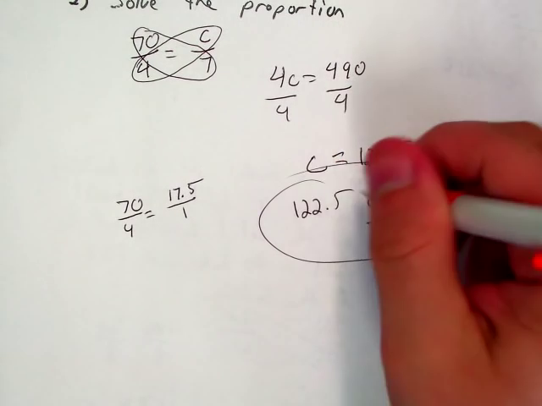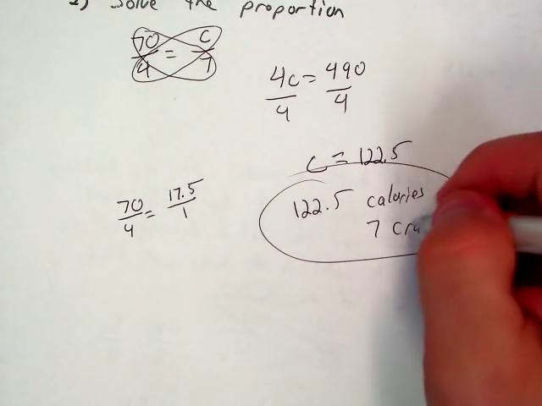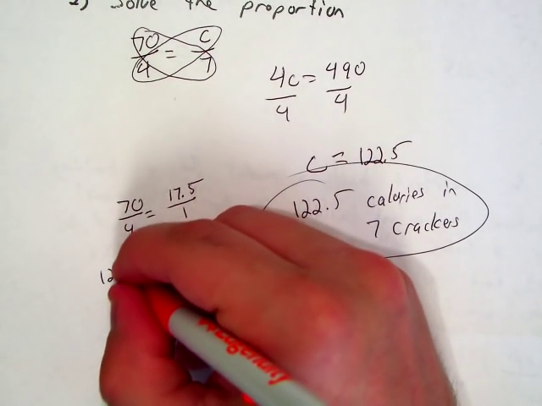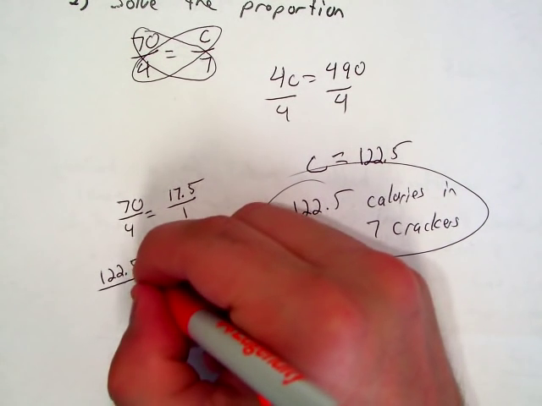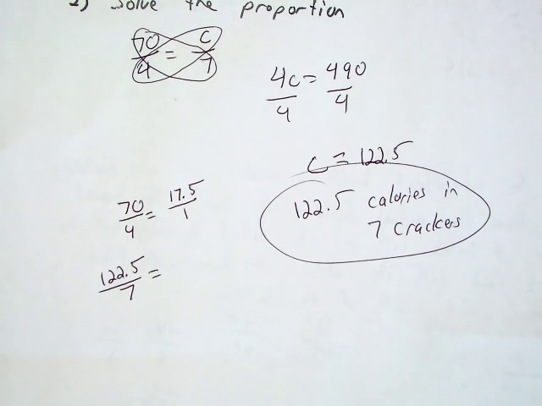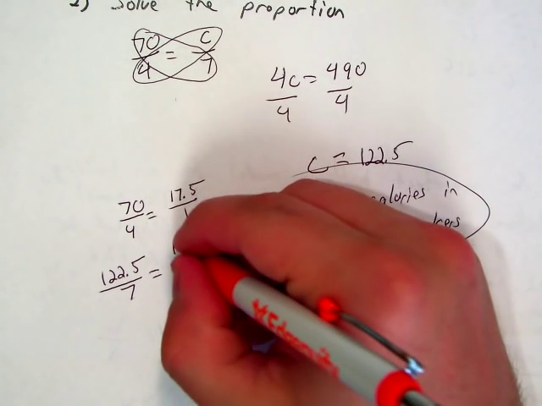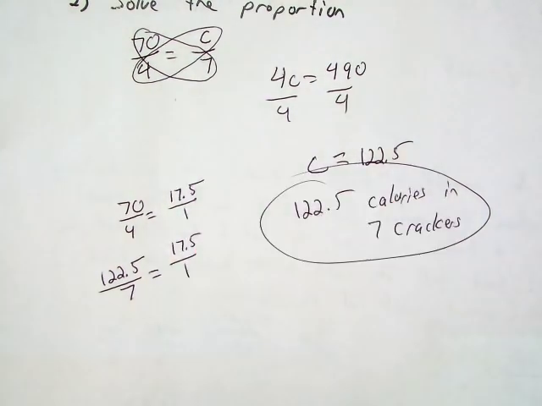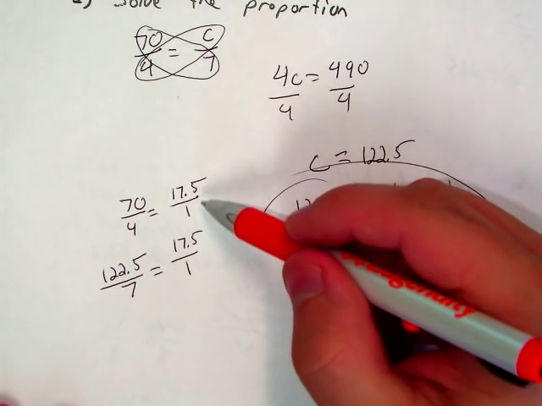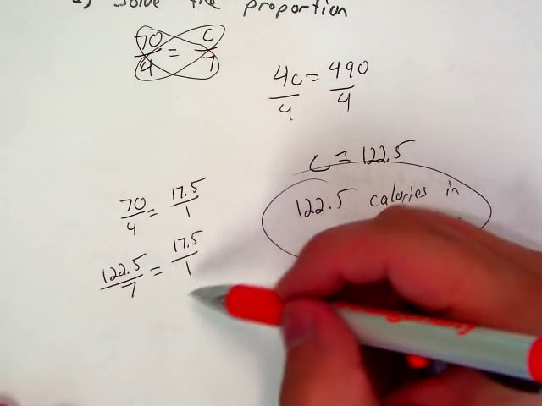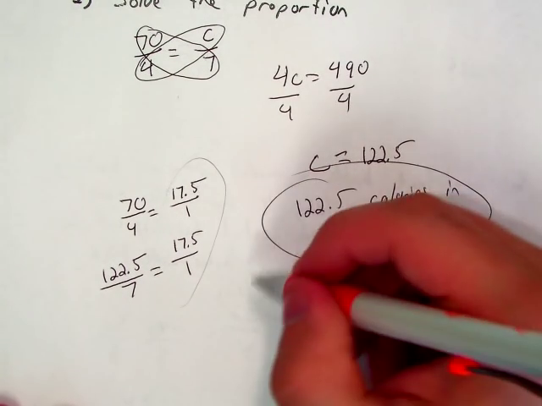If I want to figure out the constant of proportionality for this one, they should be the same, but 122.5 divided by 7 as a unit rate is still going to be 17.5. So we did this correctly, which is good because we wanted to make sure how many calories were in 7 crackers. And if we were to get back to unit rates for both of them, we wanted them to be the same. And we did. So we checked our work, so this is good.